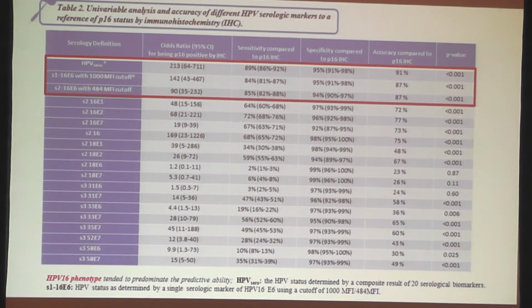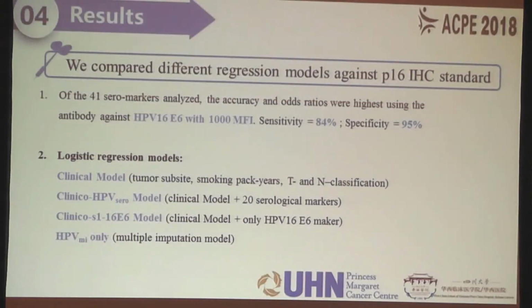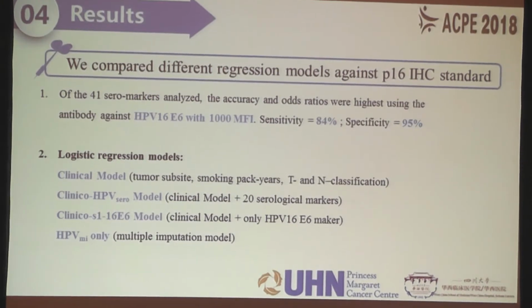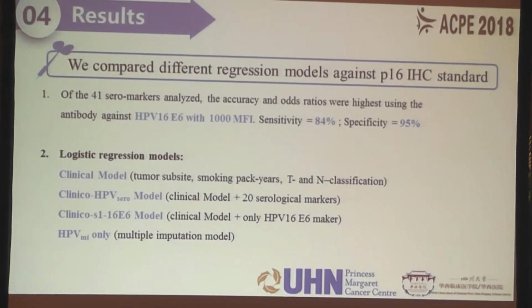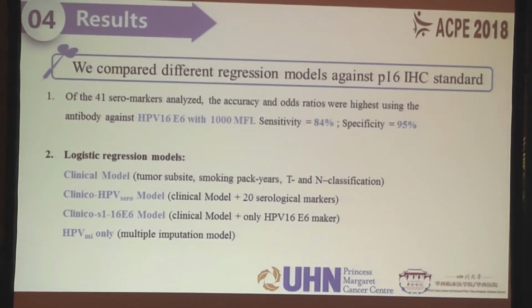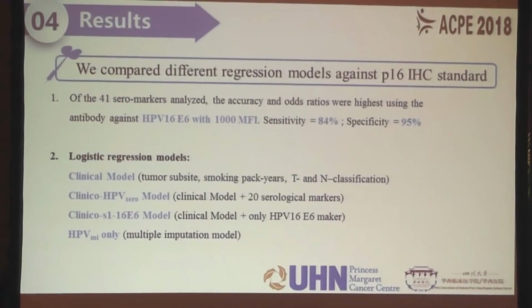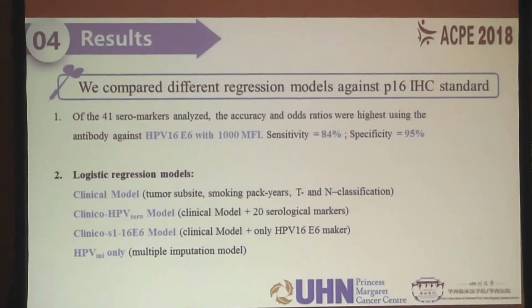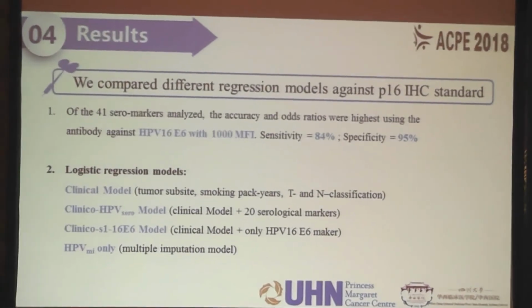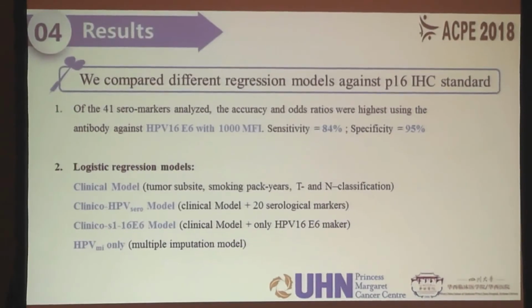They used 20 serological biomarkers to define the HPV infection. Of the 41 serological markers we analyzed, we found that HPV16 E6 with a 1000 MFI cutoff performed best, with a sensitivity of 84% and a specificity of 95%.